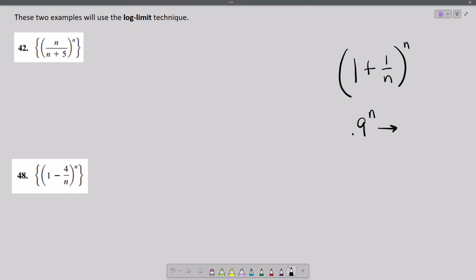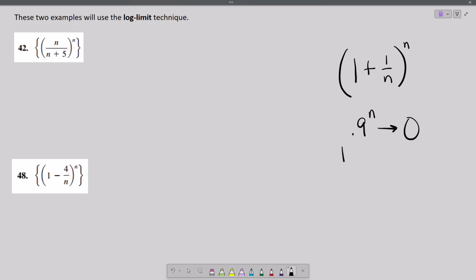Half times a half is a fourth. The fourth times a half is an eighth. An eighth times a half is a 16th. The 16th times a half is a 32nd. Right? 0.9 times 0.9 is 0.81. 0.81 times 0.9 is 0.7 something. Any number less than 1, if you multiply it by itself repeatedly, you will get 0 as the limit. All right?